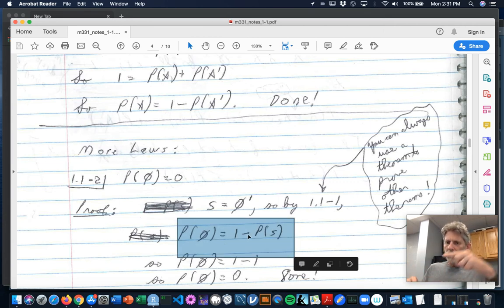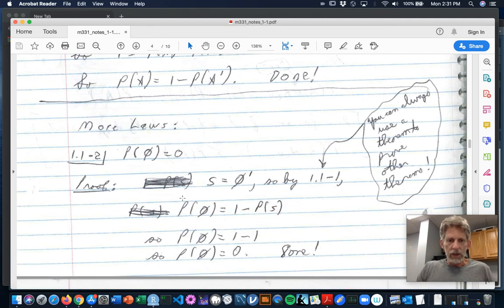So this is important. As soon as you prove a theorem, it goes into this bag of tools that you can use to prove other theorems. You don't have to keep going all the way back to the definition. You can also use theorems that you've proved about the concept.